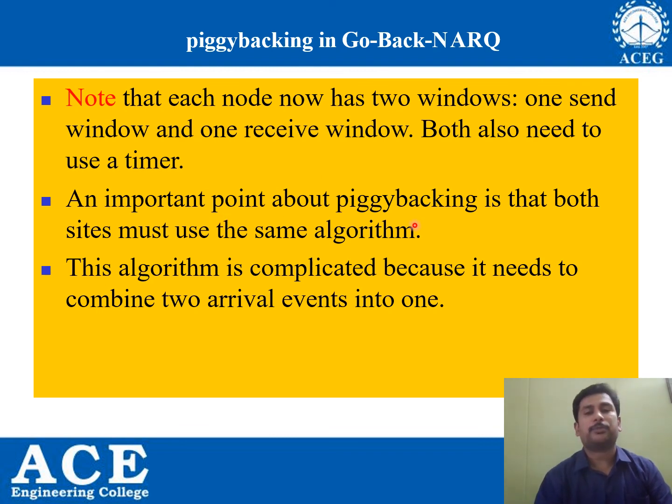An important point about piggybacking is that on both sides we use the same algorithm, because if I am using Go Back N ARQ at sender A, I have to use the same algorithm or protocol at sender B. This algorithm is complicated because it needs to combine two arrival events into one. What are the two arrival events? One is a data frame, and the other arrival event is an acknowledgement frame. Both are to be combined, so there is some complexity in implementing this particular protocol.